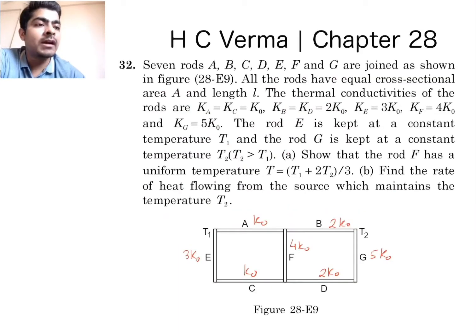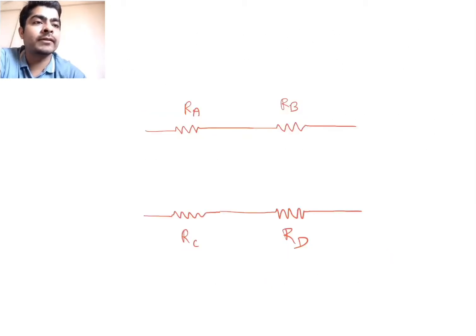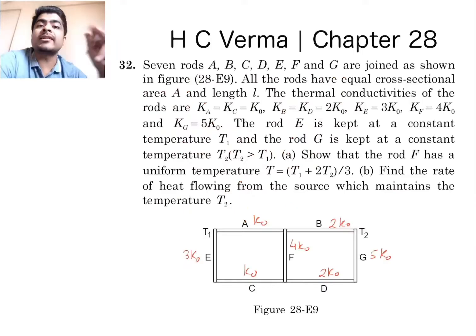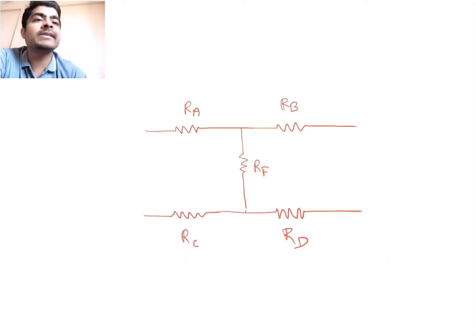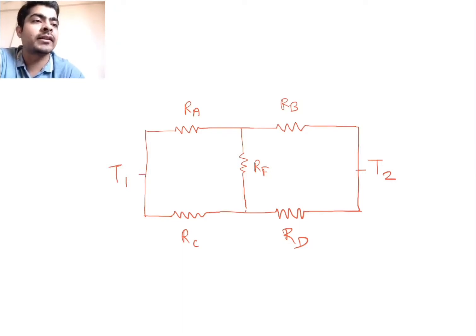Now in between we have Rf, the rod F. The question says that the rod E is maintained at T1 and the rod G is maintained at T2. So we don't need to draw the resistances for the rods E and G. We just directly connect them together like this. So here the temperature is T1, here the temperature is T2. Okay, so this is your circuit.